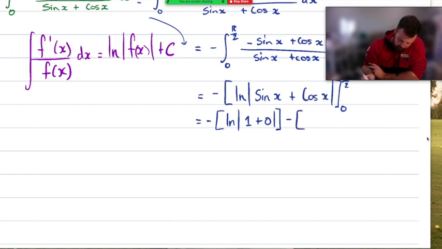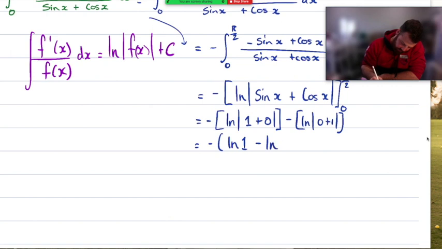Minus, and maybe you're starting to see what's happening here. At 0, sine of 0 is 0, so I've got 0 plus 1. It is ln, the absolute value of 0 plus 1, which just equals negative outside of ln of 1 minus ln of 1.